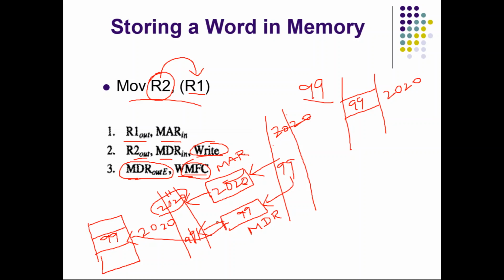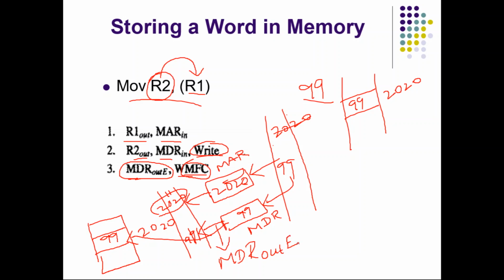Previously we are keeping this MDR out line enabled. This is nothing but MDR out E. We are keeping it enabled, but there is no meaning in keeping it enabled until WMFC is generated.